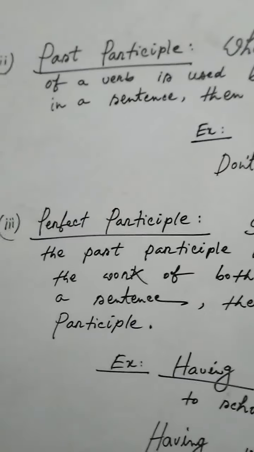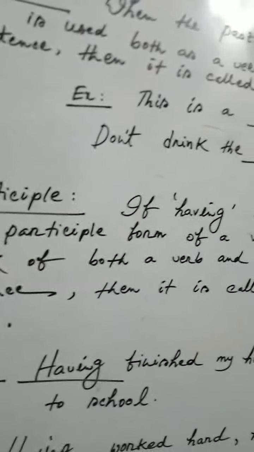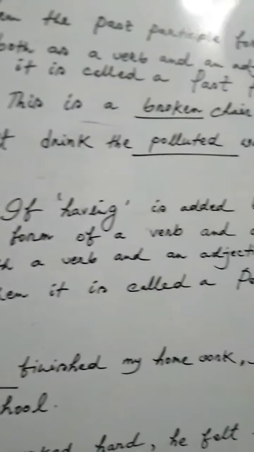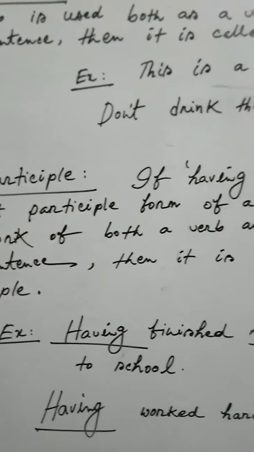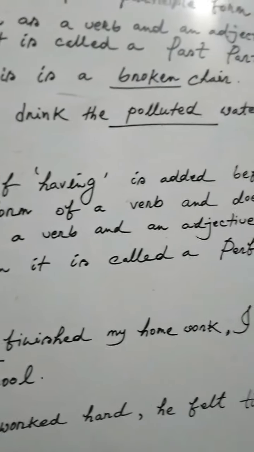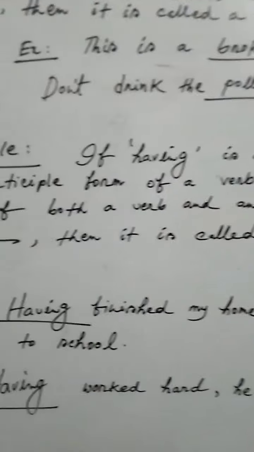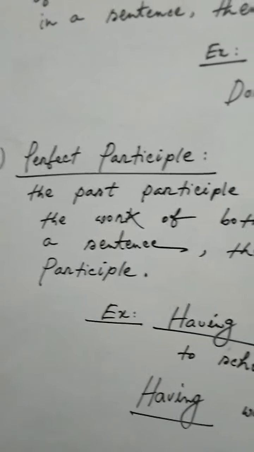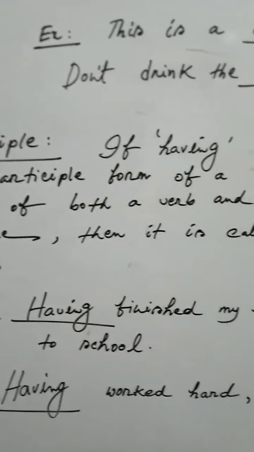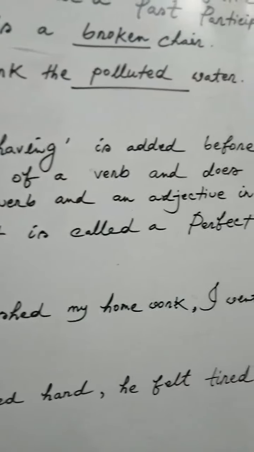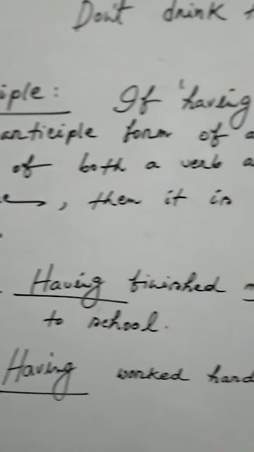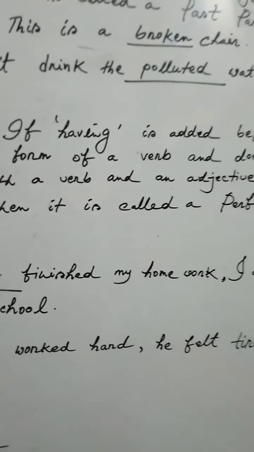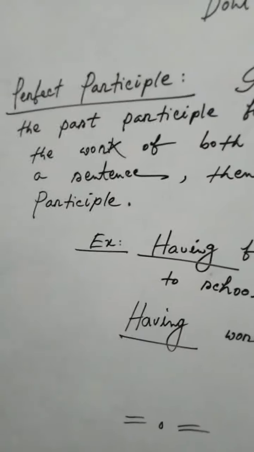Now we will see perfect participle. If having is added before the past participle form of a verb and does the work of both a verb and an adjective in a sentence, then it is called a perfect participle.